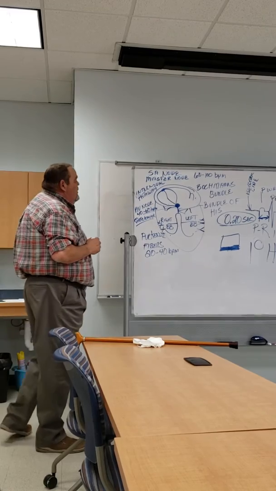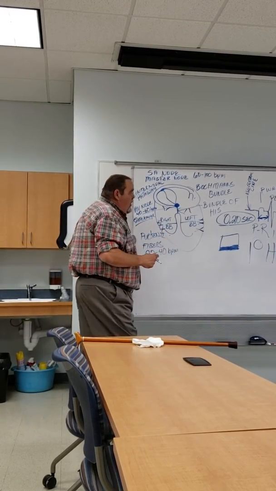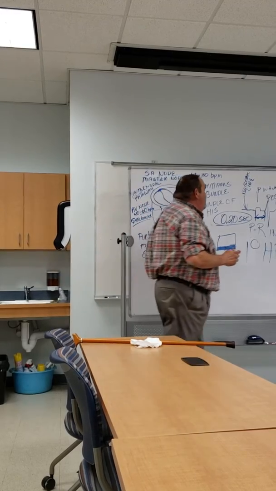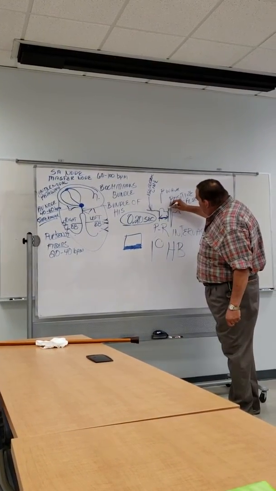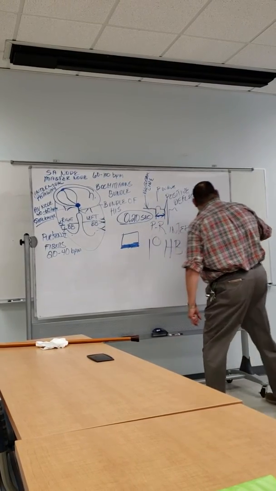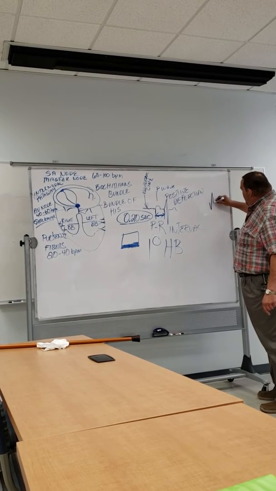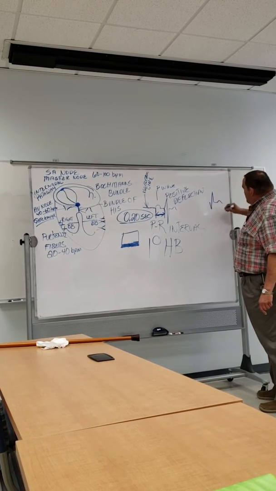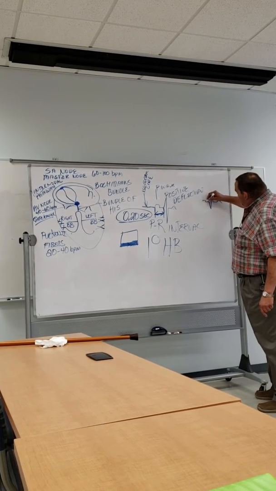Okay. Now, what I need you to understand now is this QRS right here. Let me draw it right here. QRS. Okay? This is your P wave.